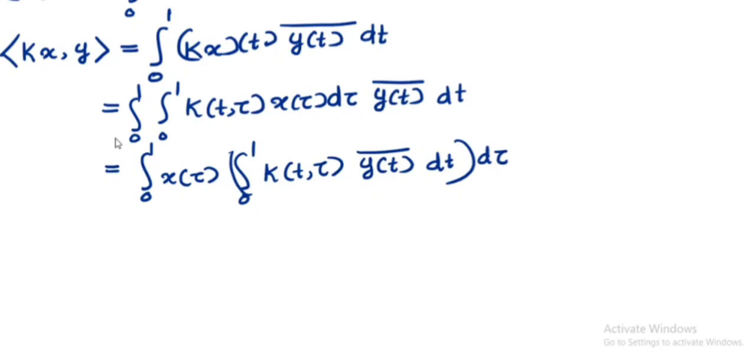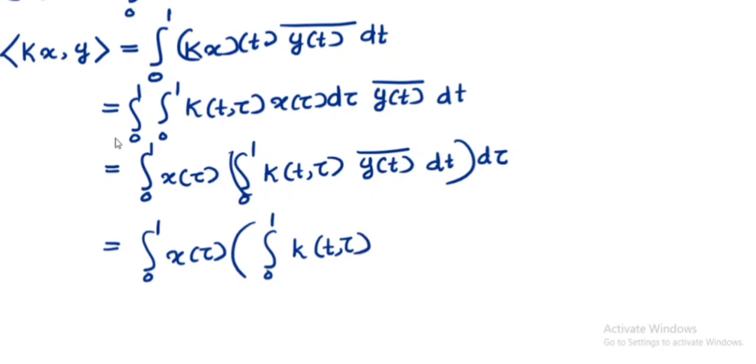Okay, and this is equal to the integral from 0 to 1 of x(tau), integral from 0 to 1 of k(t, tau), you can write as k(t, tau) conjugate, again conjugate, y(t) conjugate dt.